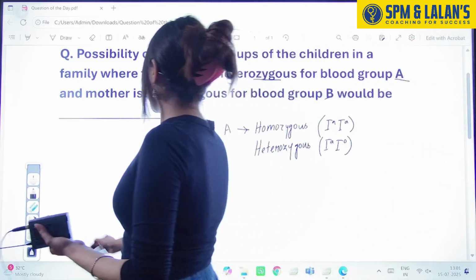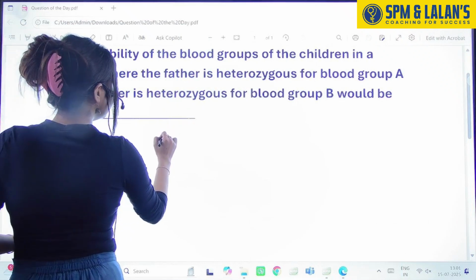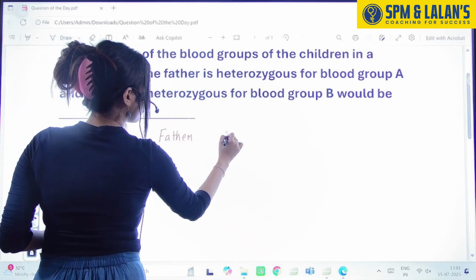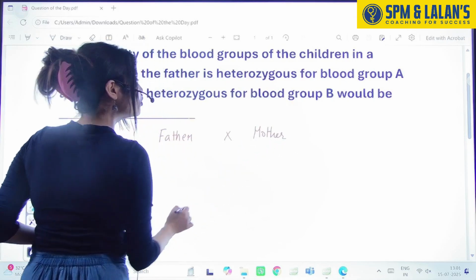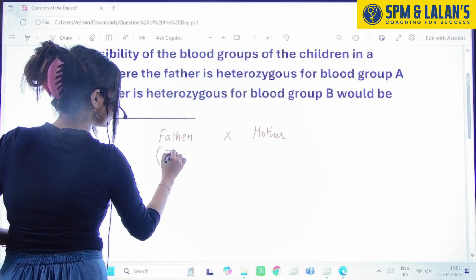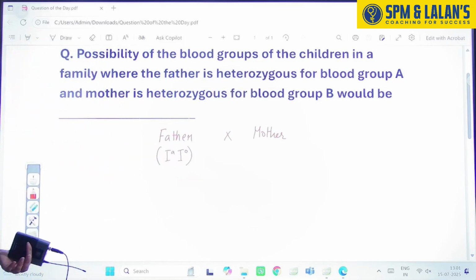Now coming back to the question, finally, the father will cross the mother. The blood group of the father is heterozygous A, so the combination would be IA IO, because it is heterozygous and not homozygous.